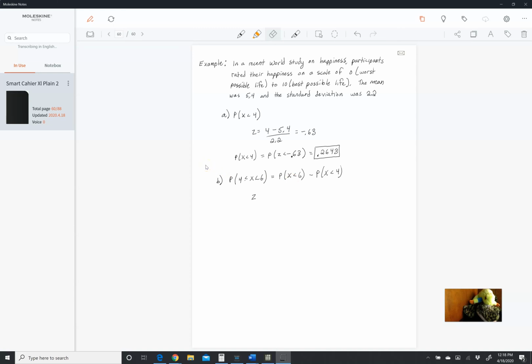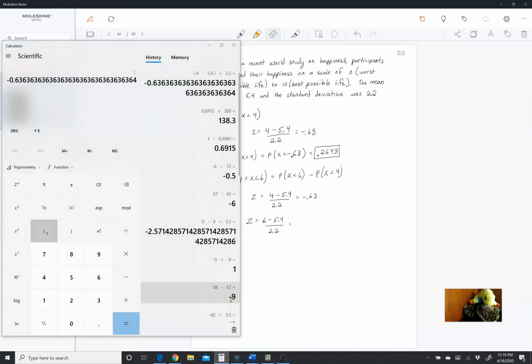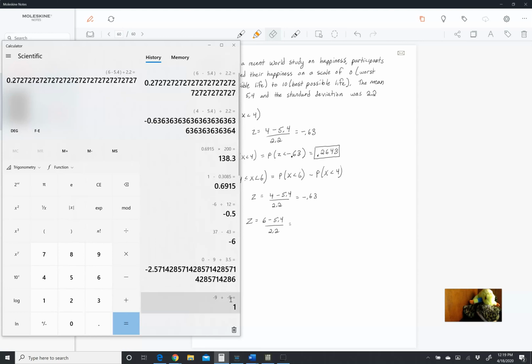Okay? So we're going to find the z-score for 4, which we already found. And we're also going to find the z-score for 6. So 6 minus 5.4 divided by 2.2. And we get 0.27.